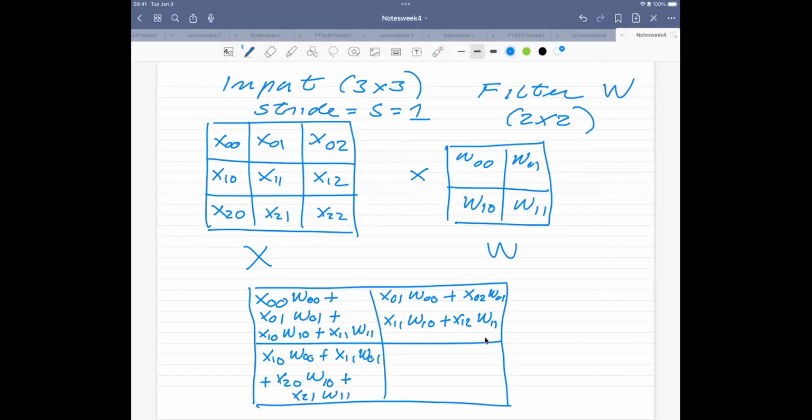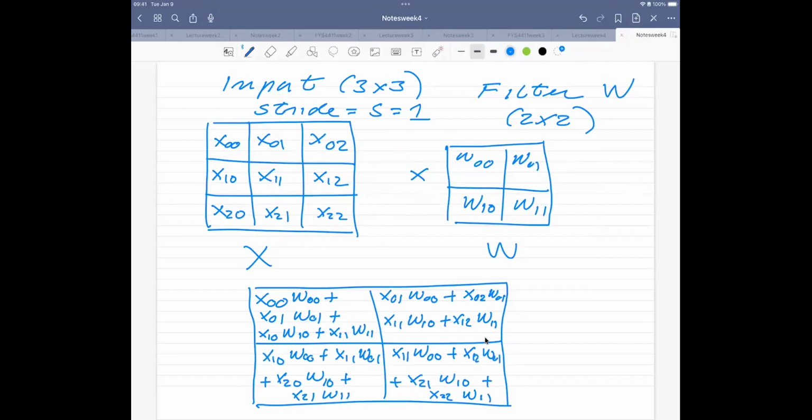And then we take the final one, which is actually this one. That final one gives us now x1,1 times w0,0 plus x1,2 times w0,1 plus x2,1 times w1,0. And finally, we have x2,2 times w1,1.